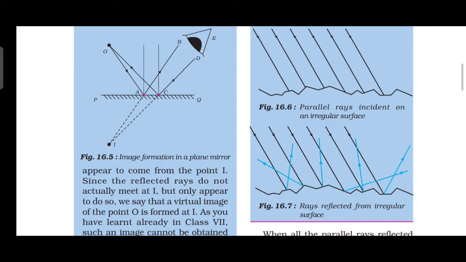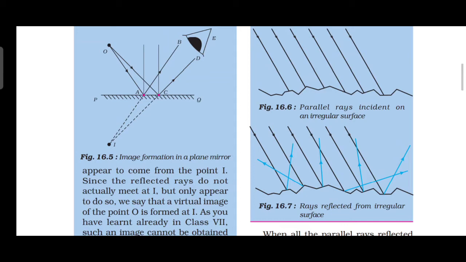See the picture, at each point there is a reflection. So we use the law to construct what? The reflected rays at various points. When all the parallel rays are reflected from a rough or irregular surface, they are not parallel. See the picture, it is slanting, right?